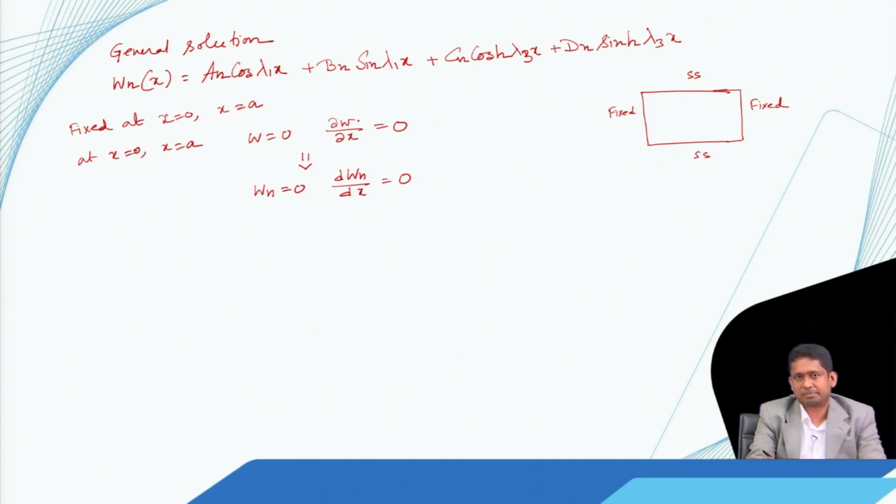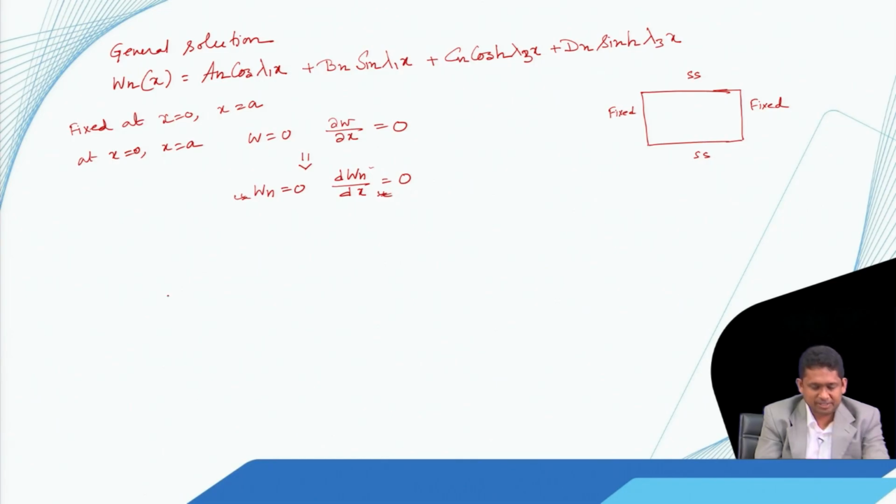So if I differentiate with respect to x, I get summation of dWn by dx multiplied by sin n pi y by b into e to the power i omega t, and that can only be 0 when dWn by dx is 0 at any value of y. So if I put these boundary conditions, there are now 4 conditions. At x equal to 0, this is equal to 0, at x equal to 0, this is equal to 0, then at x equal to a, this is 0, and at x equal to a, this is 0.